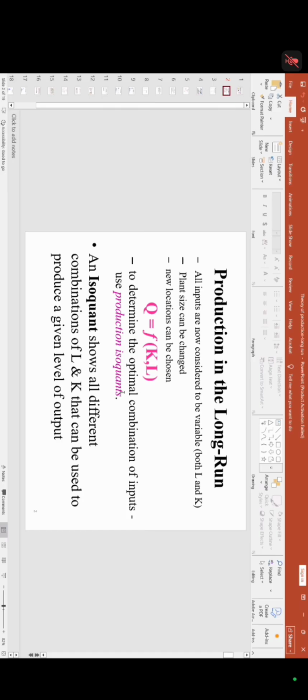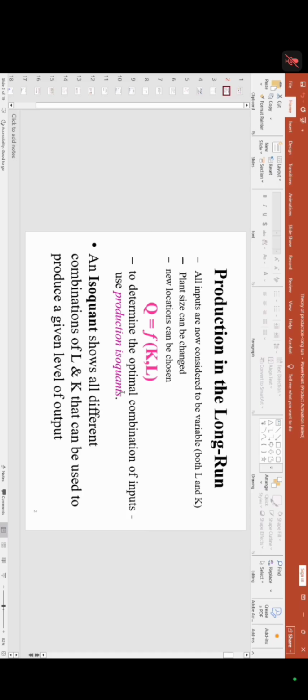To determine the optimal combination of inputs, we use the concept of the production isoquant. In the long run, since these two factors are variable, we need to identify the optimal combination of inputs. For example, if you are going to produce 100 batches, how much capital is needed for the production, and how much optimal labor, or count of labor, do you need?